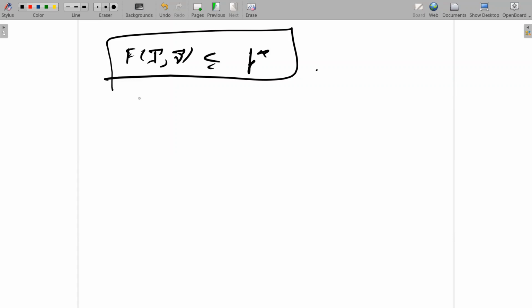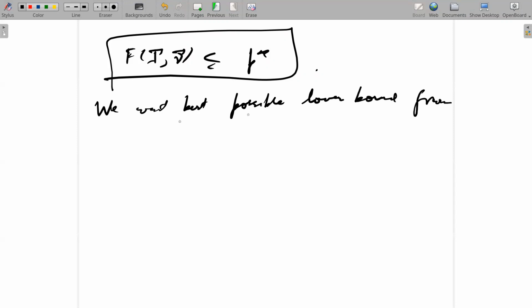Then we'll get the best possible lower bound from this strategy. And magically, in the linear programming case, the best possible lower bound turned out to be actually the best possible strategy. The maximum became equal to the minimum of the primal.